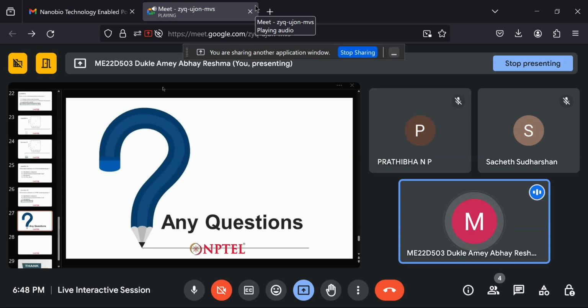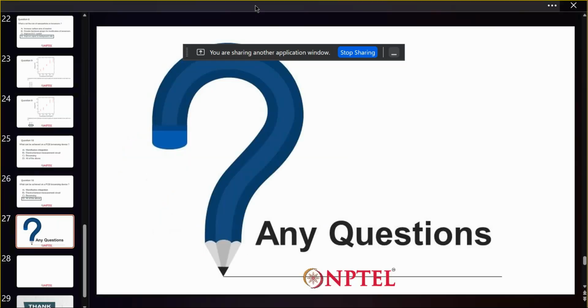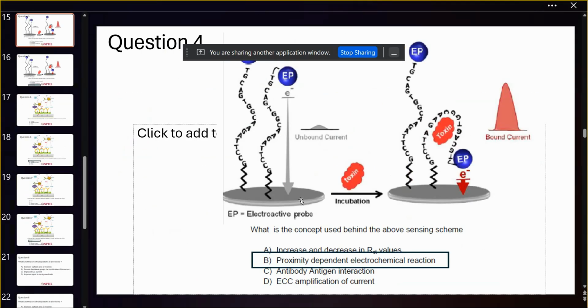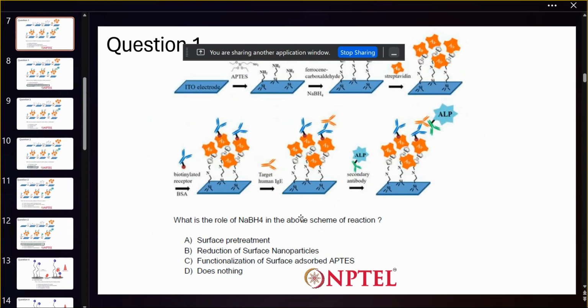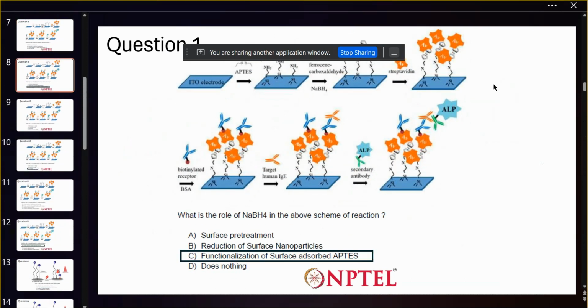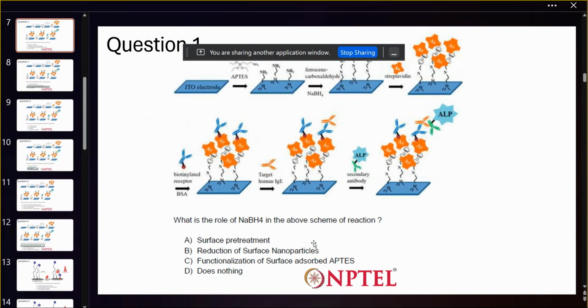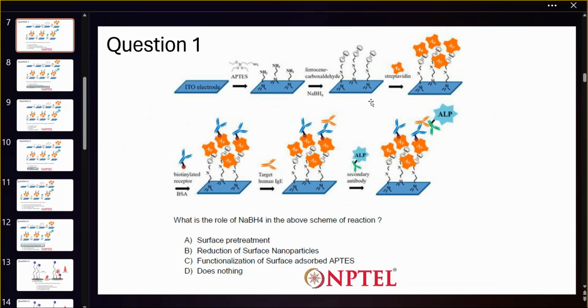Just once again, I'll go through the three setups. So this is the first setup. In this you have an indium tin oxide substrate. Then you activate the surface. Basically you have a flat surface and you want to activate it. If the surface activation is not happening, you cannot do any coating on that surface.